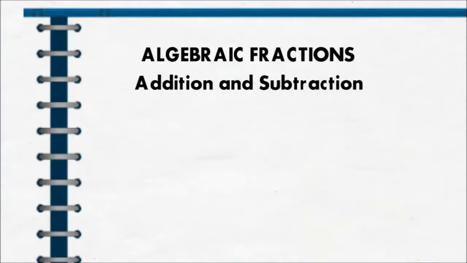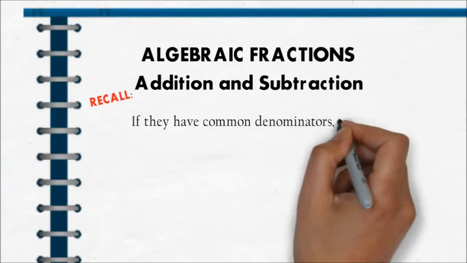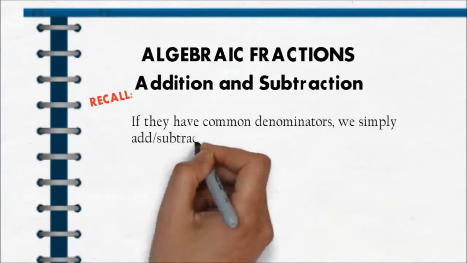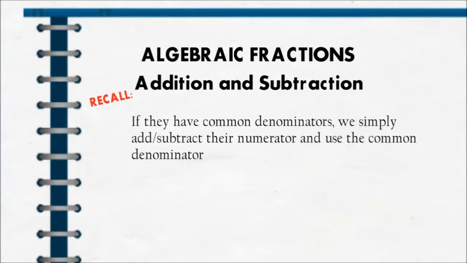Few things to recall about fractions from elementary mathematics. 1. When adding and subtracting fractions, if we have common denominators, we can simply add or subtract their numerators and use the common denominator. For instance, if we have 2 over 3 plus 2 over 3.